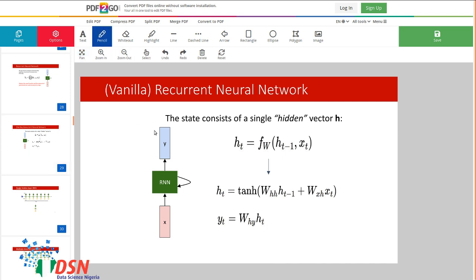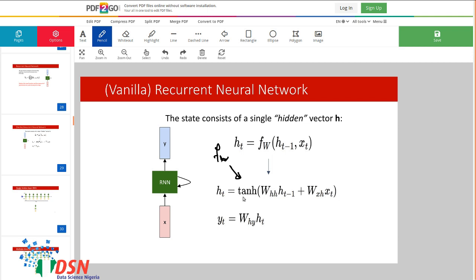So in a vanilla recurrent neural network, or vanilla RNN, the hidden state is the tanh, the hyperbolic tangent. This is the nonlinear function, which is a function of its weights. So we have some weights for the previous hidden state and some weights for the new input.